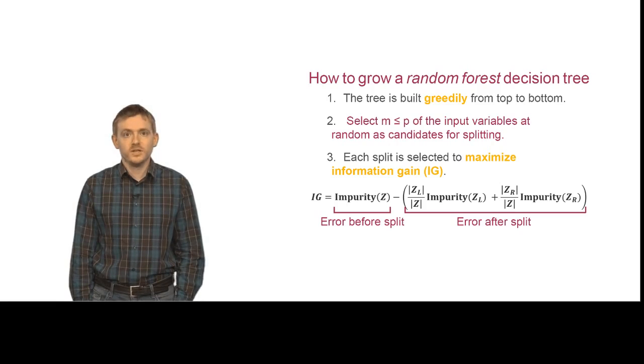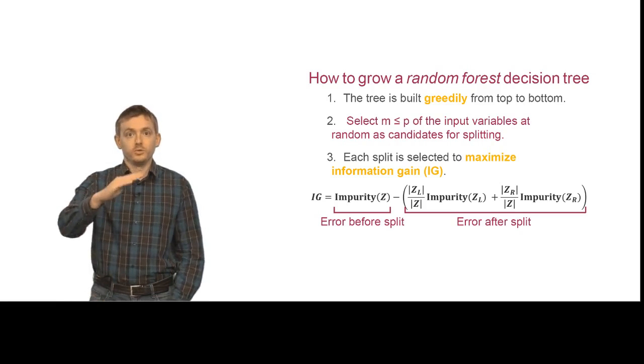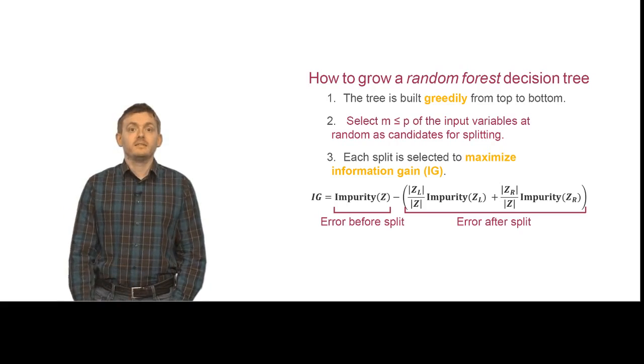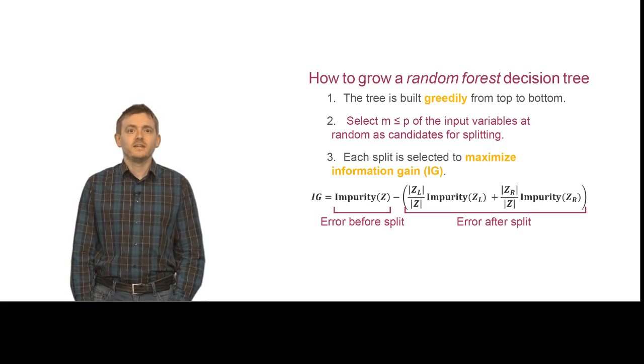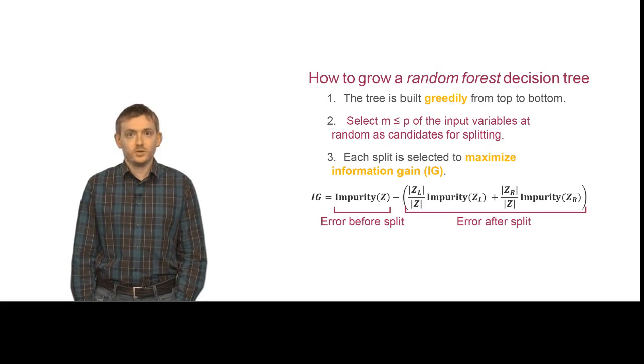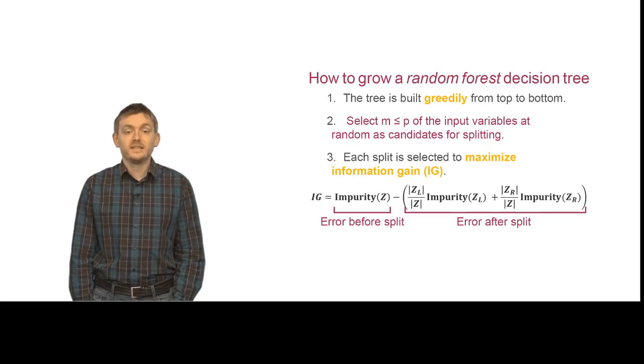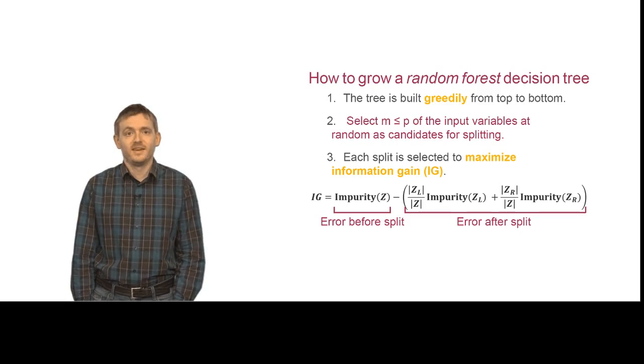In a decision tree, you iteratively do splits, and at each iteration you select the best split among all the possible ones. And in the random forest decision tree, you do the split slightly differently.